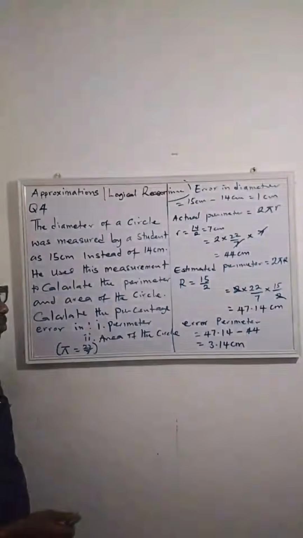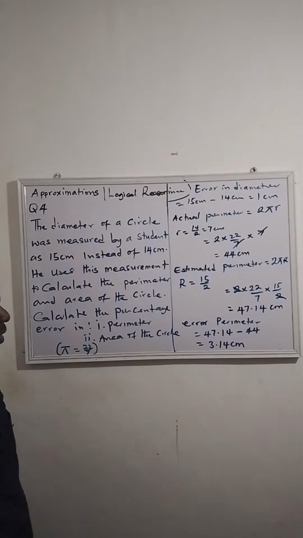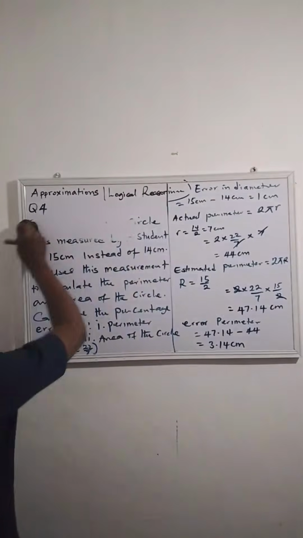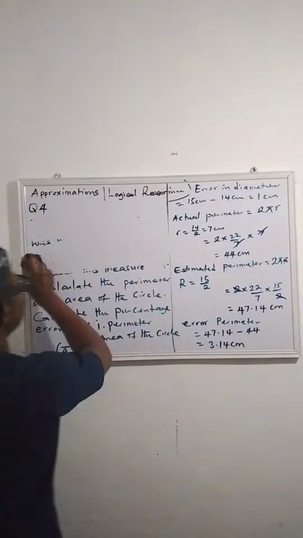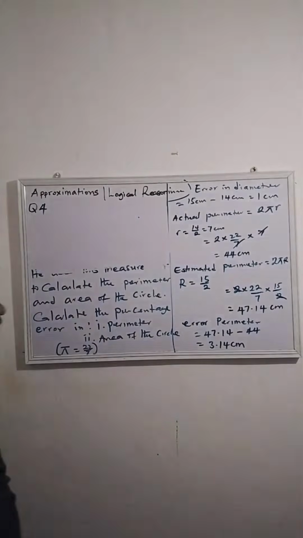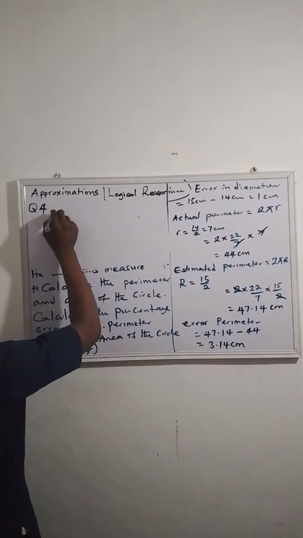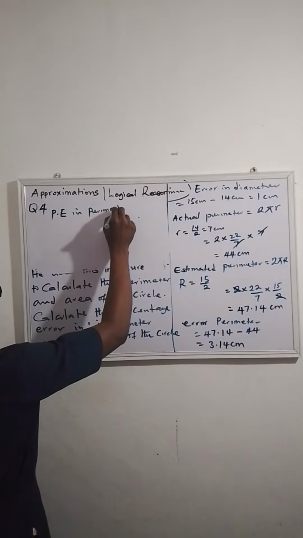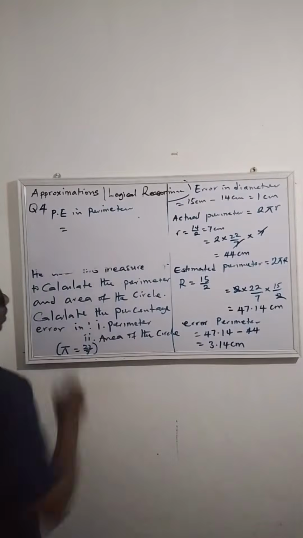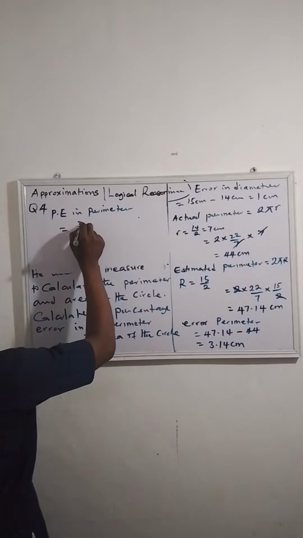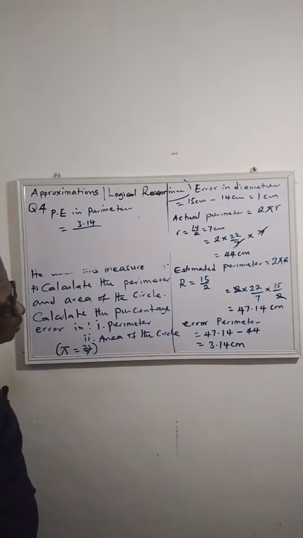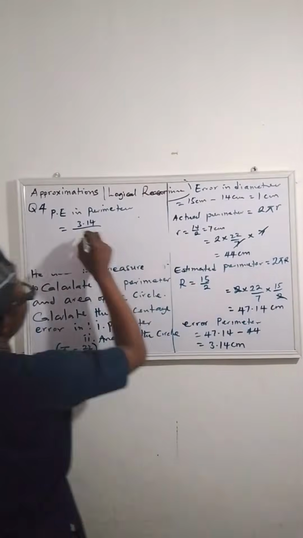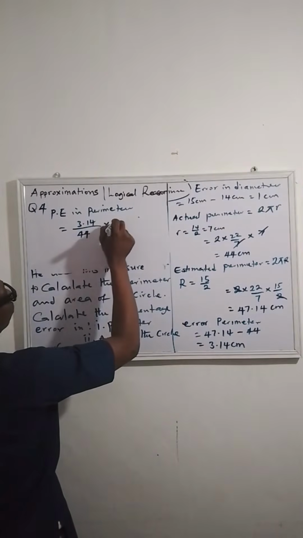So we can now go ahead and find the percentage error. So what's going to be the percentage error in perimeter? Error, that's 3.14 over the actual perimeter. What's the actual perimeter? 44, times 100%.